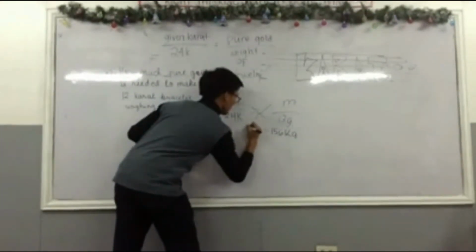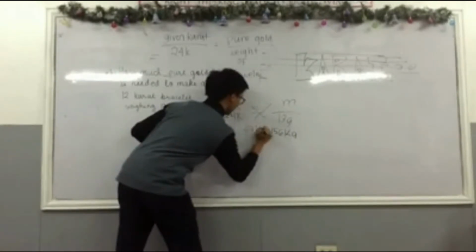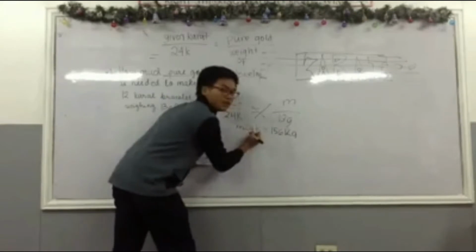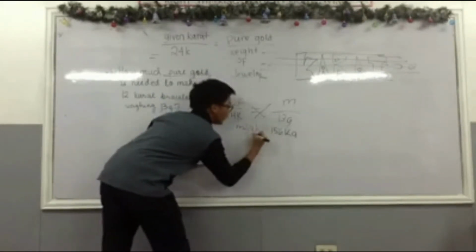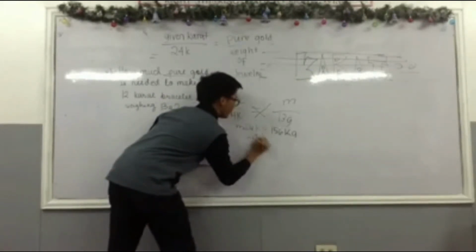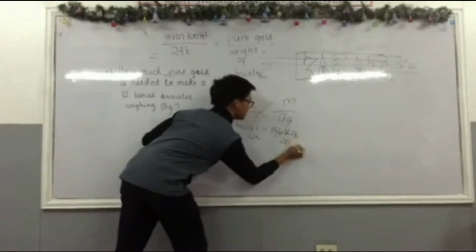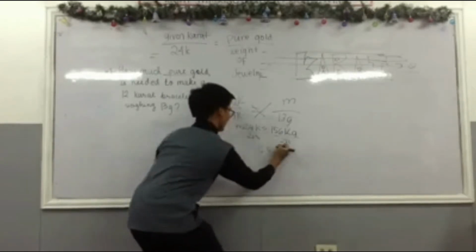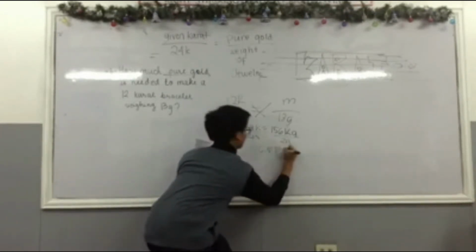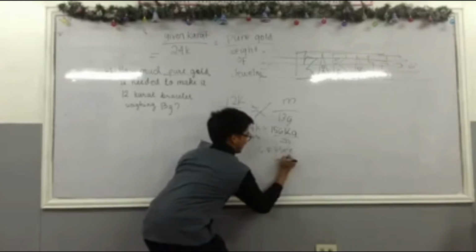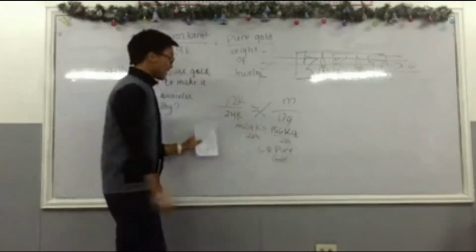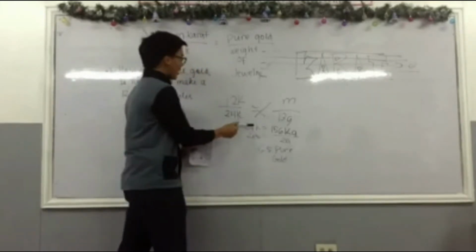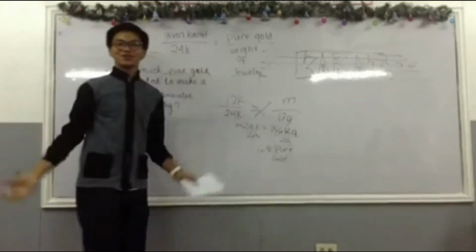How do we eliminate 24K here? We just divide by 24 on both sides. So we will get 6.5 grams of pure gold. As simple as that. We just cross multiply, then get the answer for the pure gold.